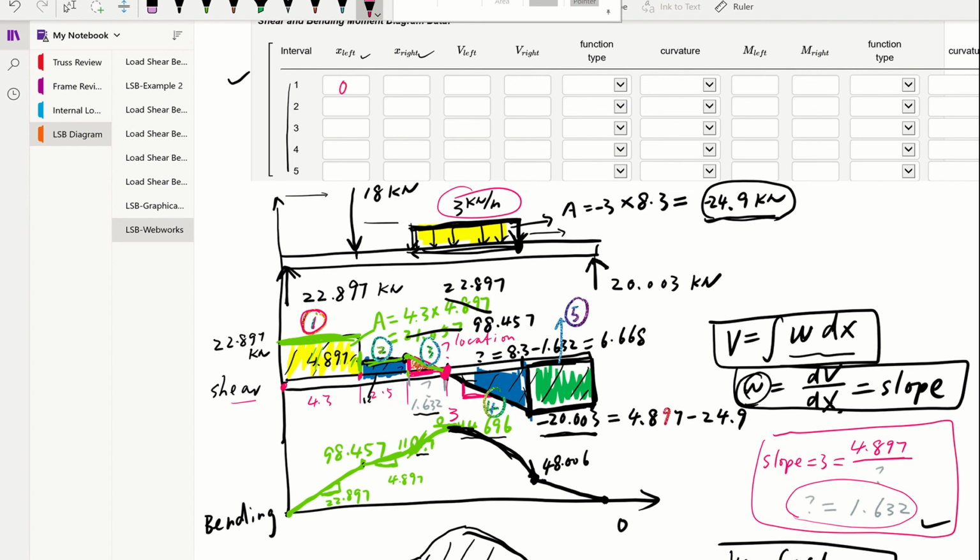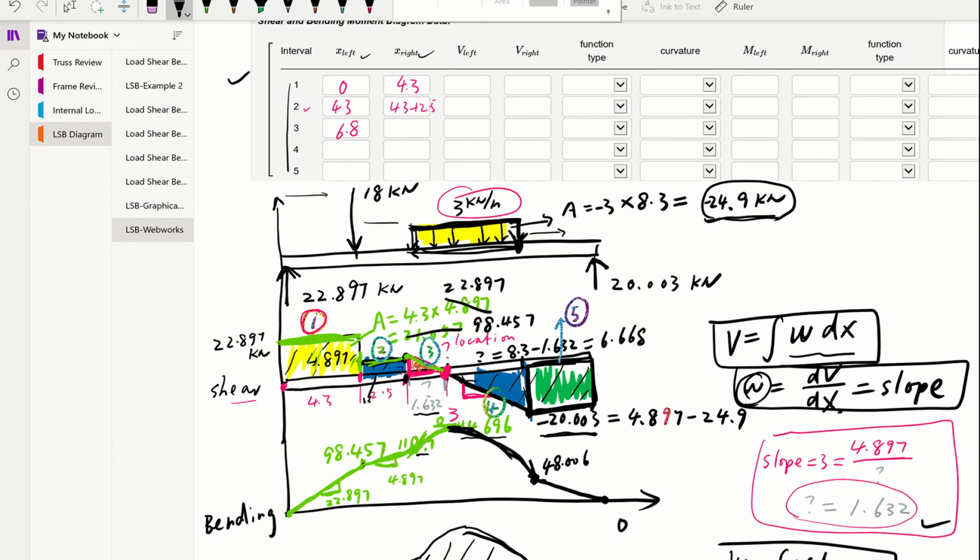And where's my ending point? 4.3. For my second interval, right here, then I will start at what? 4.3. That's my x equal to 4.3. And then I'll end here. That will be what? 4.3 plus 2.5, correct? So this one, 4.3 plus 2.5, that gives me 6.8.